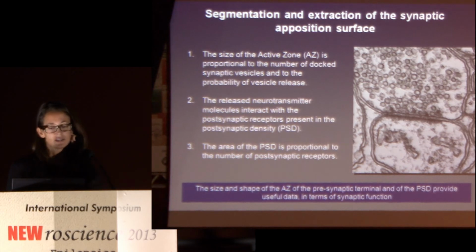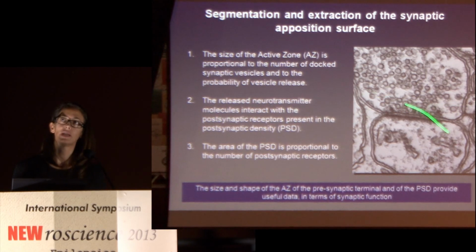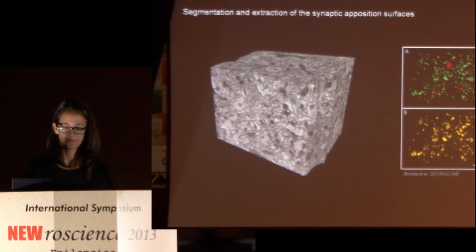So the size and shape of the active zone in the presynaptic terminal and of the PSD provide useful data in terms of synaptic function. Now we would like to investigate these structures in the pathological tissue to obtain data on synaptic connectivity.